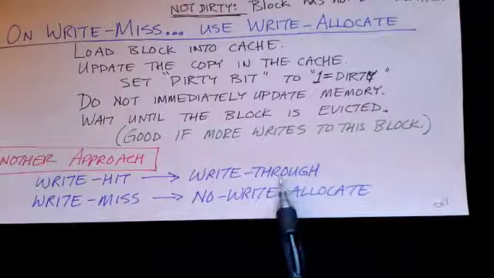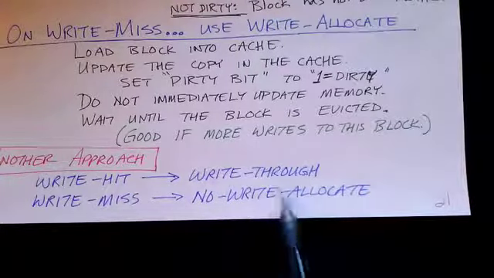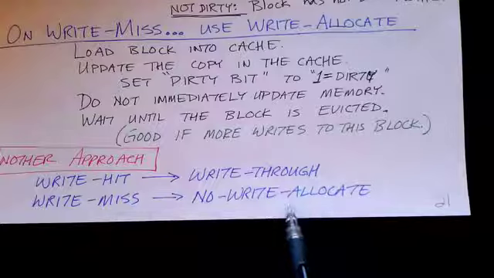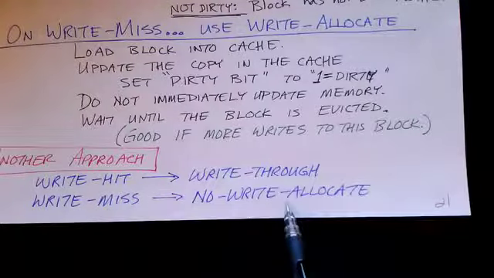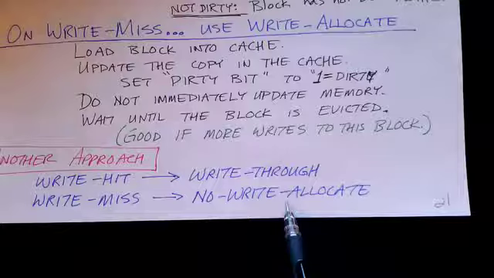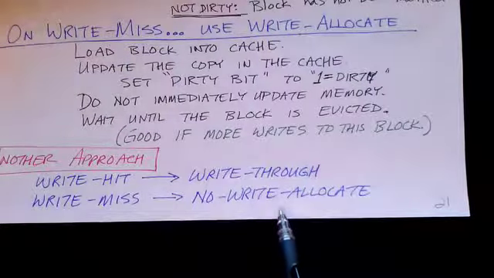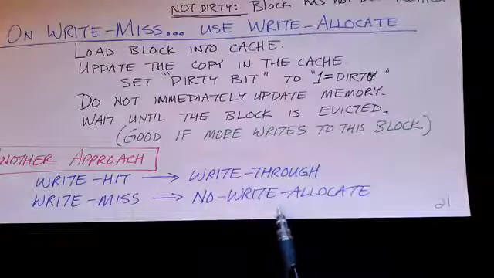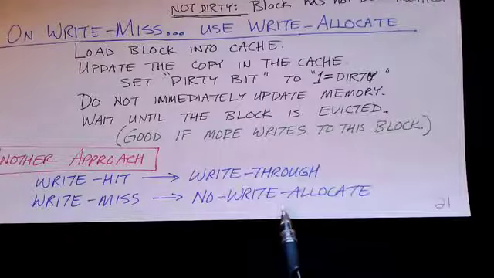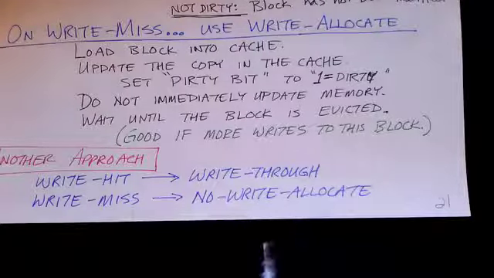So the write through, no write allocate strategy might make more sense, might be necessary in a system where you have several CPUs sharing main memory. On the other hand, there are other better ways to synchronize between multiple processors, so this may not really be a valid reason to use these strategies.